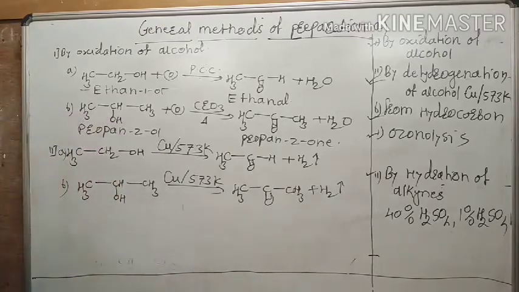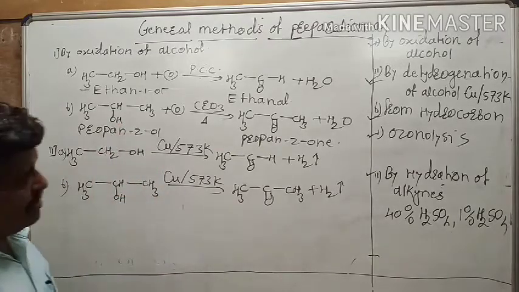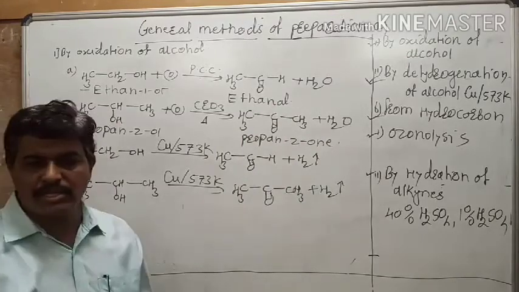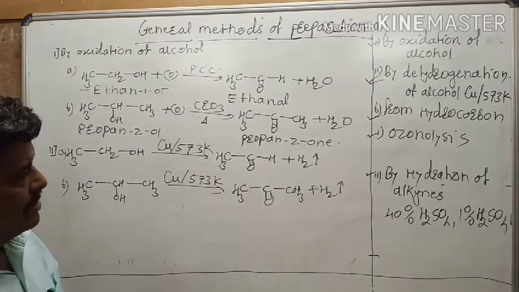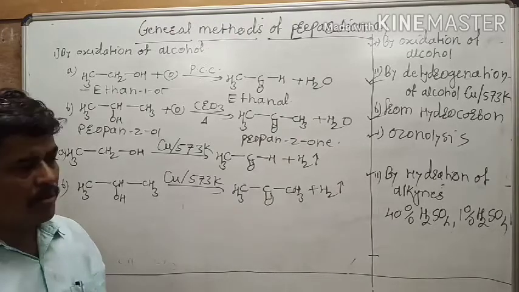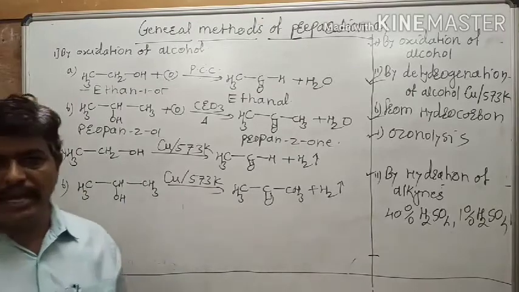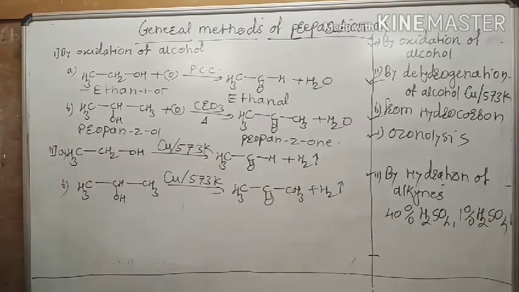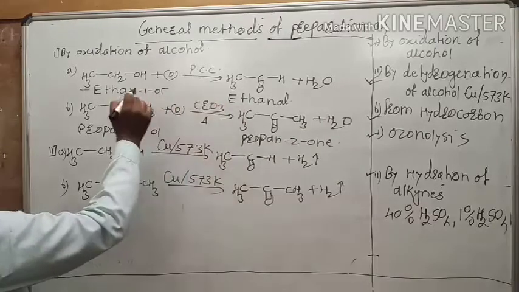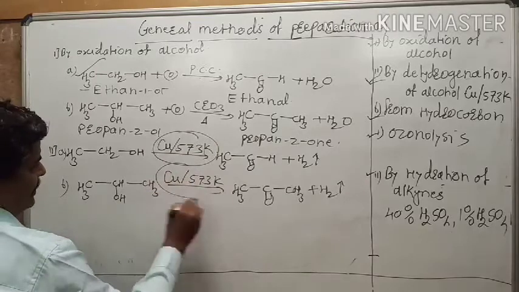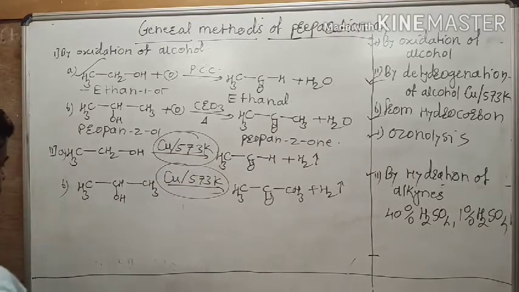So remember these two reactions which are based on alcohol, that is, first is by oxidation of alcohol and second is by dehydrogenation of alcohol. Remember these reactions, their common name system and nomenclature system. While writing these reactions they should be balanced, and second, the conditions should be mentioned properly. So this is about the first method, that is by oxidation of alcohol and by dehydrogenation.